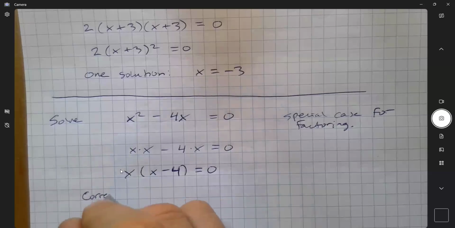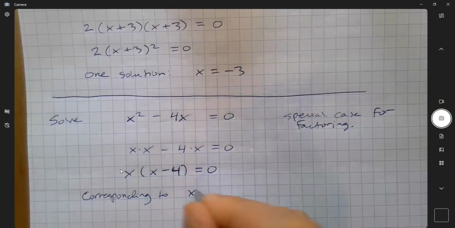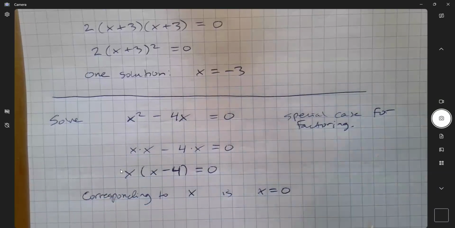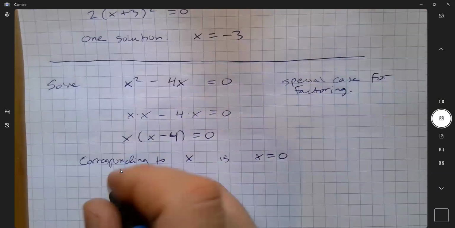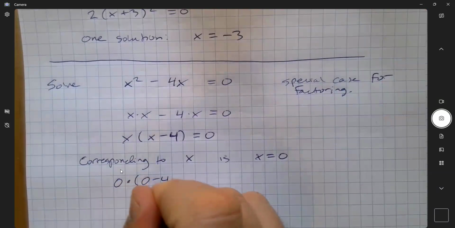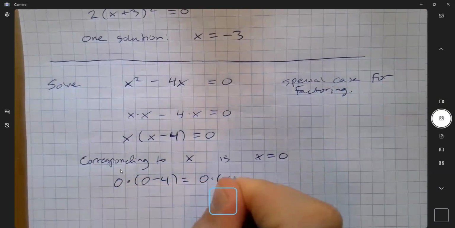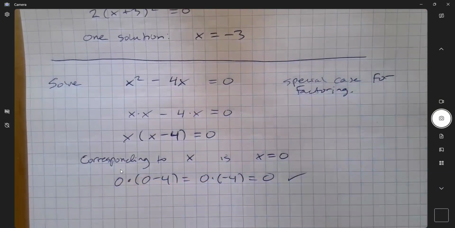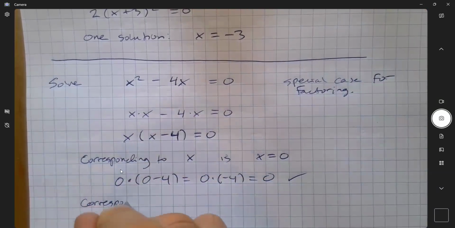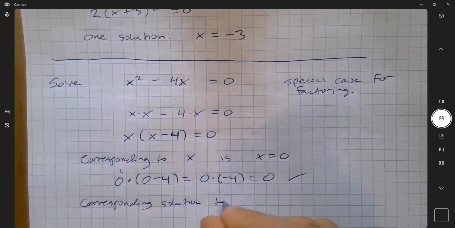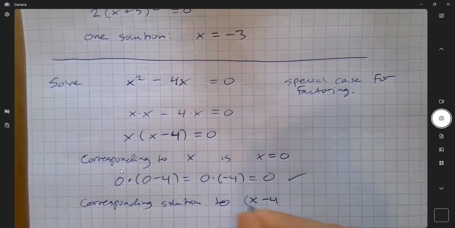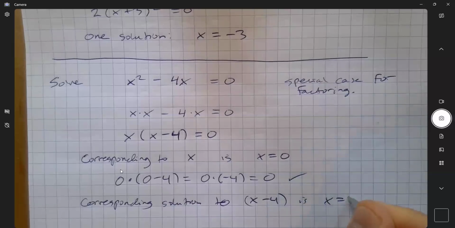The corresponding solution to x is x equals 0. And the reason for that is if I put 0 in for x, I have 0 times negative 4, which is 0. And then I also have the other solution with the x minus 4 is x equals 4.